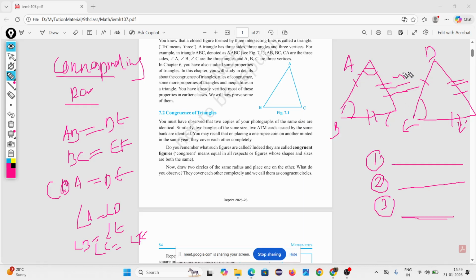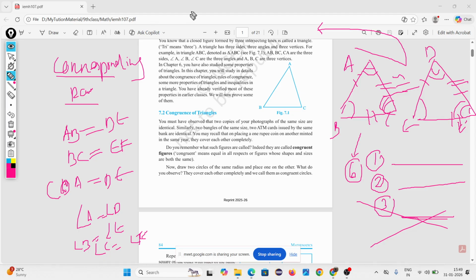Physically you prove, or superimpose. That means, can I remember these six things to prove triangles are equal? Or is there any shortcut?